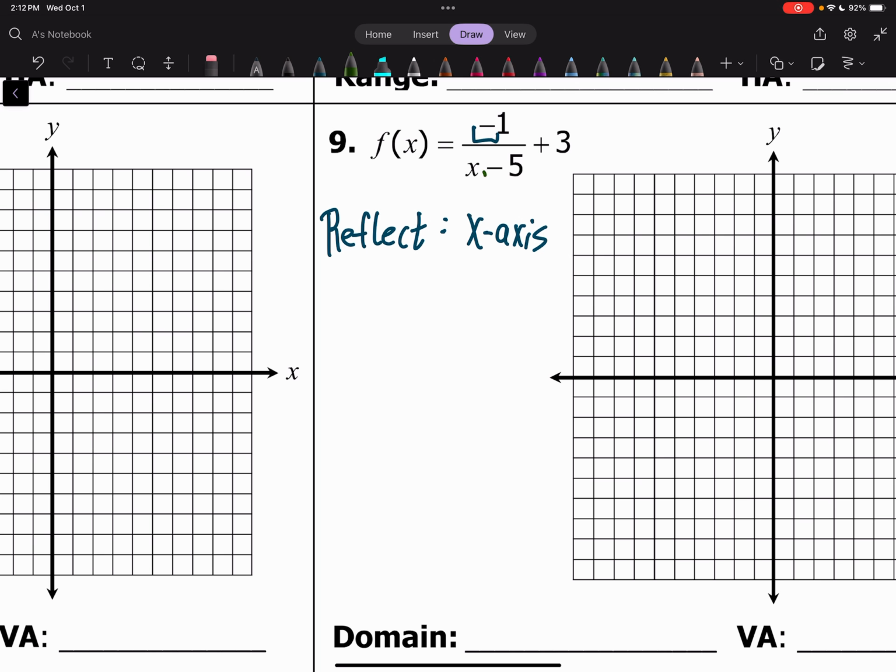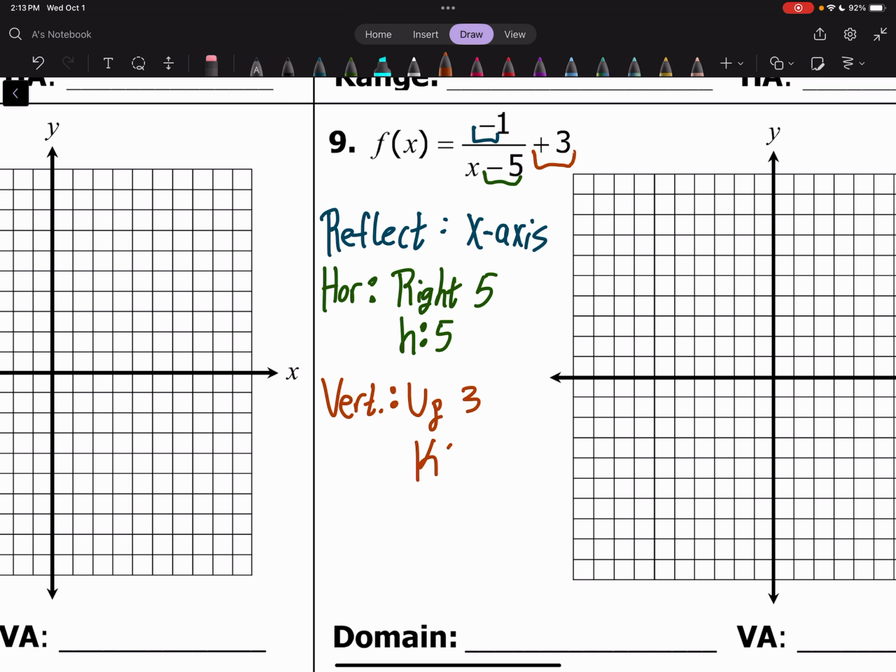My minus 5 gives me a horizontal shift, right 5. This is also my h value, 5. Plus 3 is a vertical shift. That is up 3. So my k value is 3.